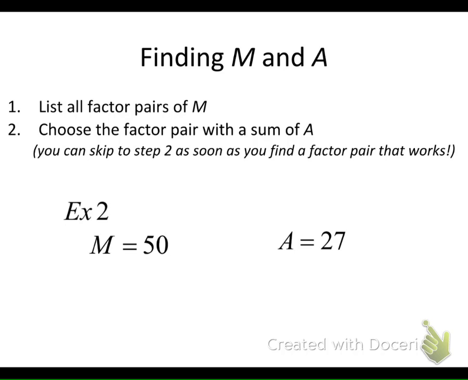That means, what can I multiply together to get 50? What are all my factor pairs of 50? Then, which of those factor pairs can I add together to get my a, which is 27? We don't need to do example number 2. If you want, write "see example 1" or draw an arrow up to example 1, because we've already done it. We're not going to rewrite that all out.